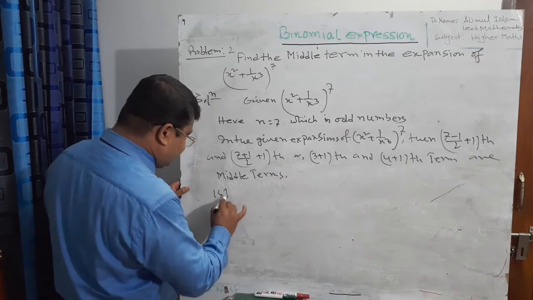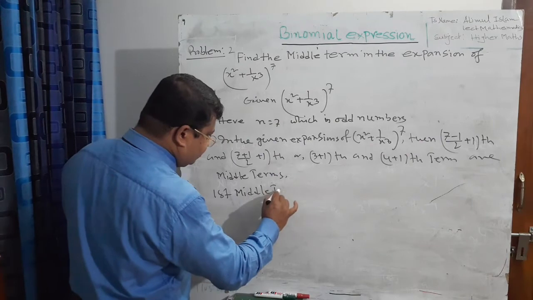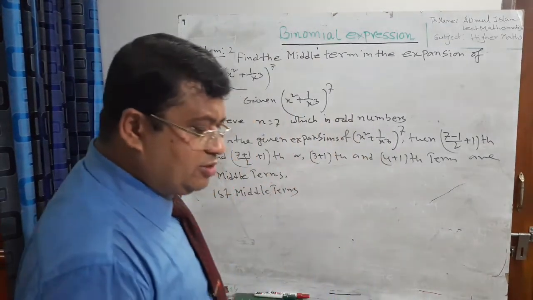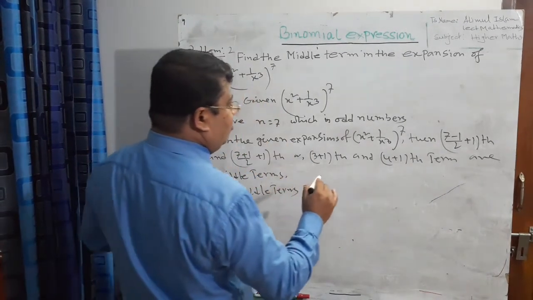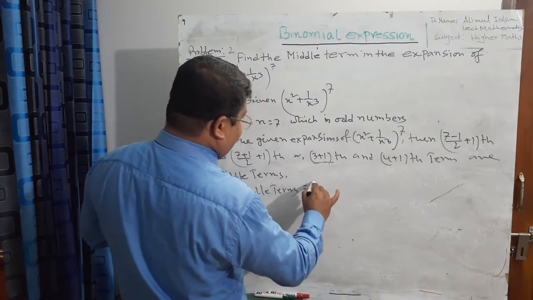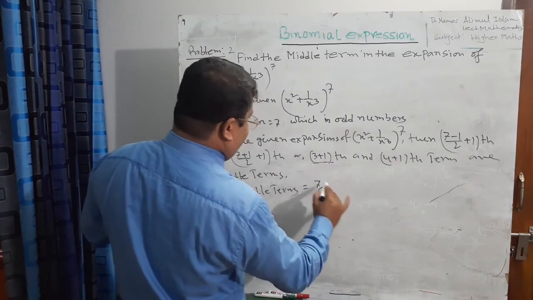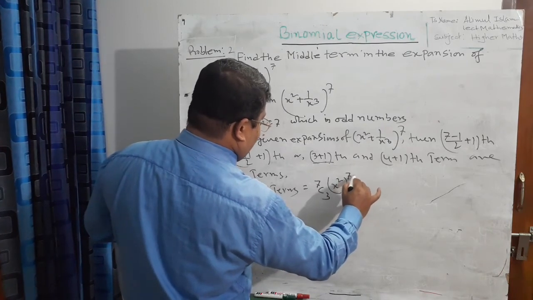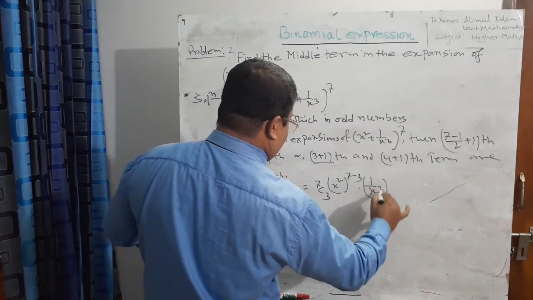The first middle term, you can write as the 3 plus 1 term. The first middle term is 7C3, (x squared) to the power n minus 3, into (1 by x cube) to the power 3.